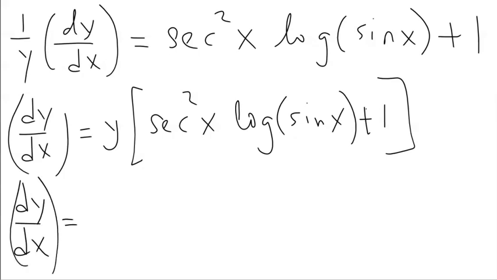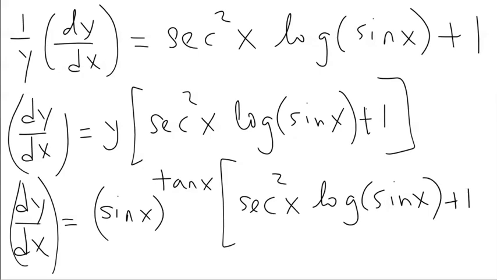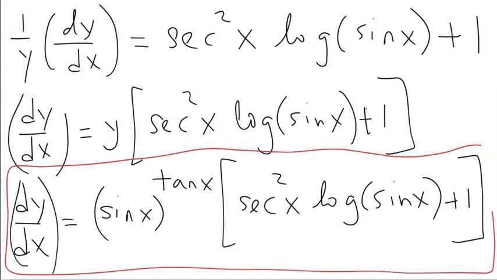That's going to be sine x to the power tangent x times all the stuff in this square bracket that we have worked out: secant squared x times log sine x plus 1. So this is the final answer to the derivative that we were looking for.